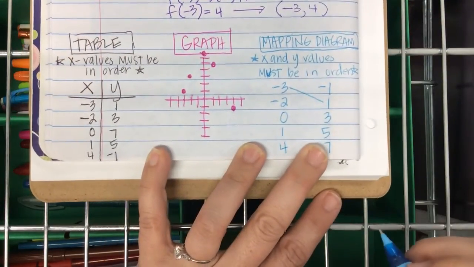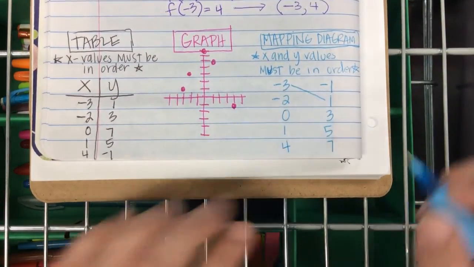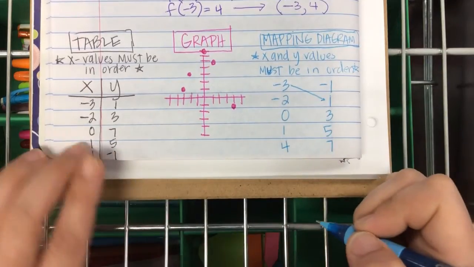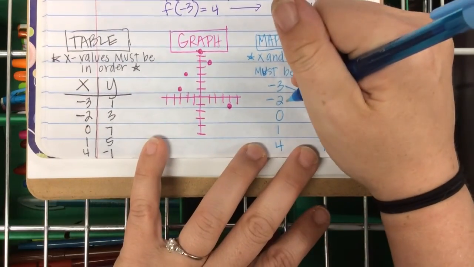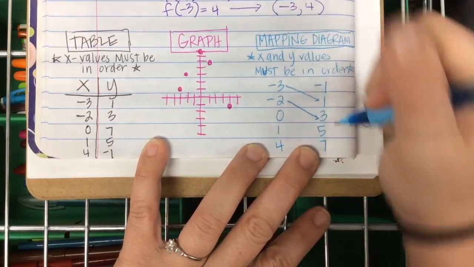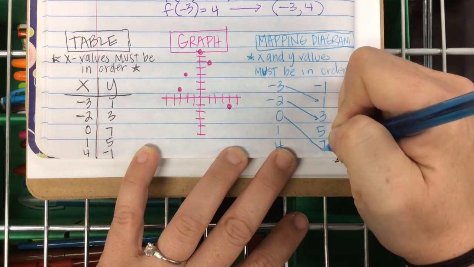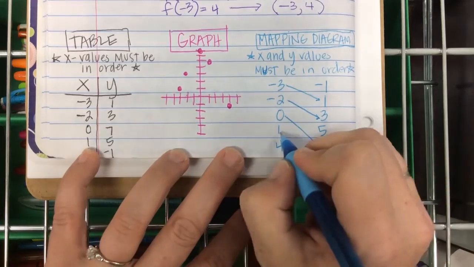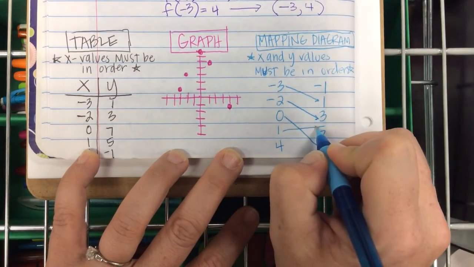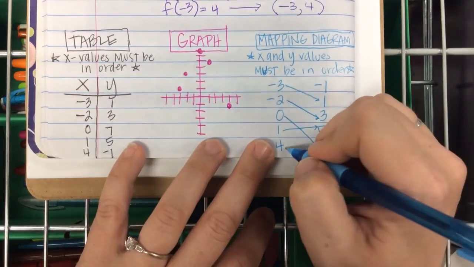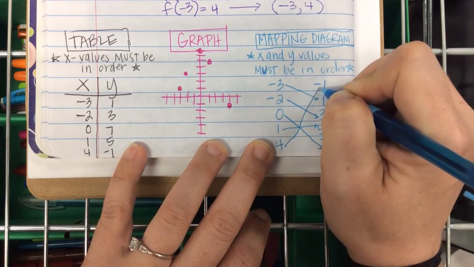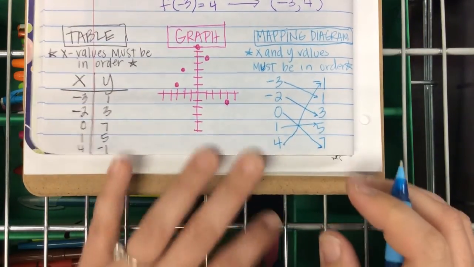You draw an arrow or a line. 3 goes with 1, or negative 3 goes with 1. Negative 2 goes with 3. 0 goes with 7. 1 goes with 5. And 4 goes with negative 1.